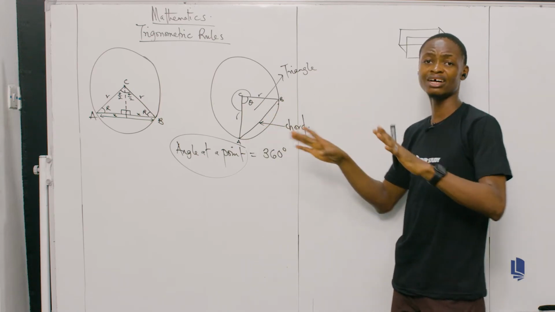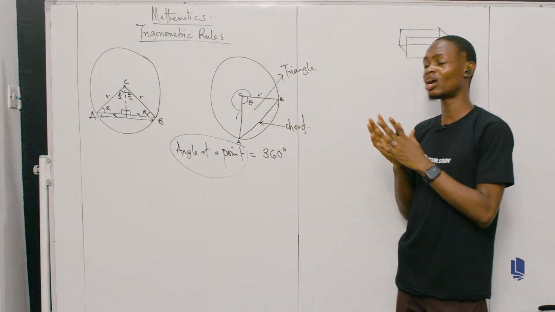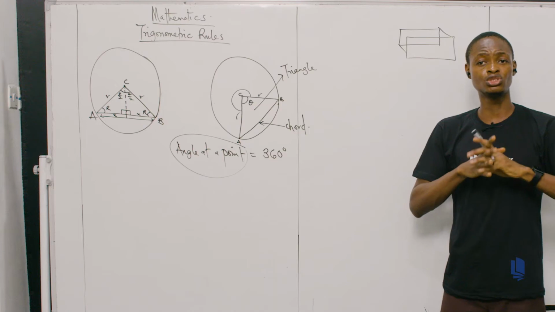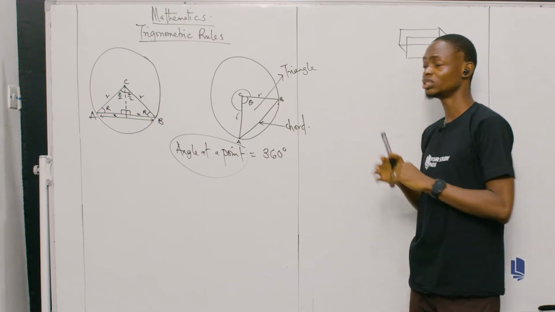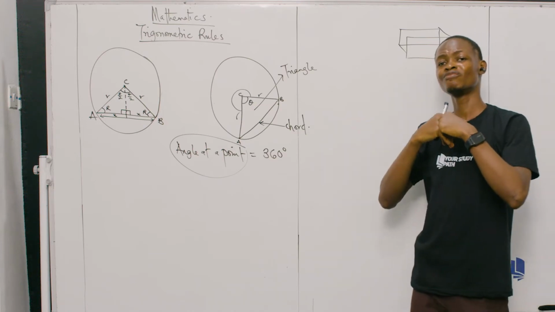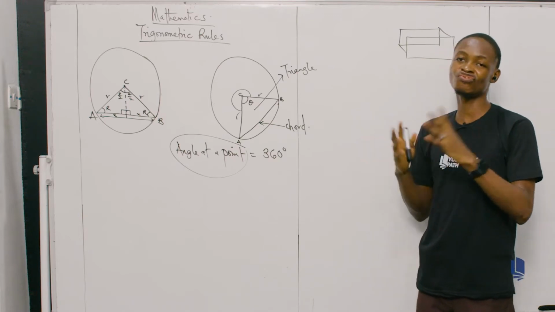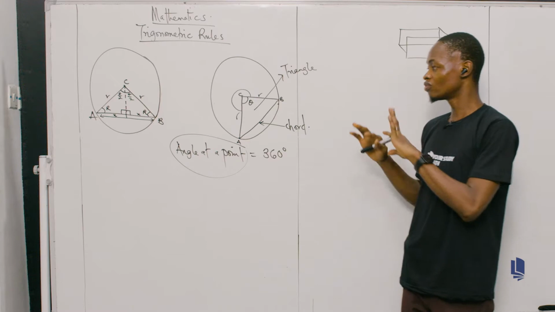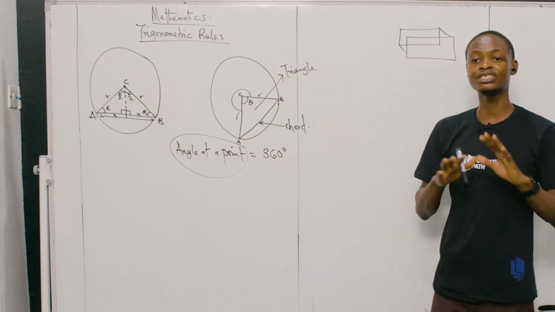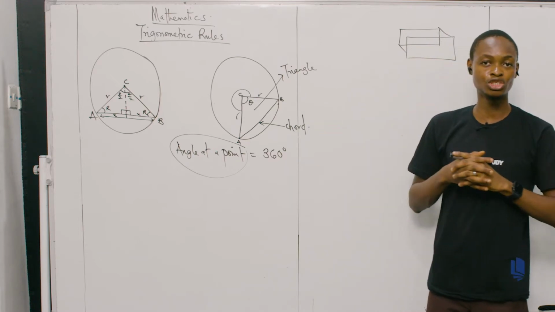Now that we have given ourselves a good breakdown of what we will be discussing in the next few minutes, let's take practical questions to clarify these things further, right? Based on what we have said, if you have any points that are not clear, you can let me know.